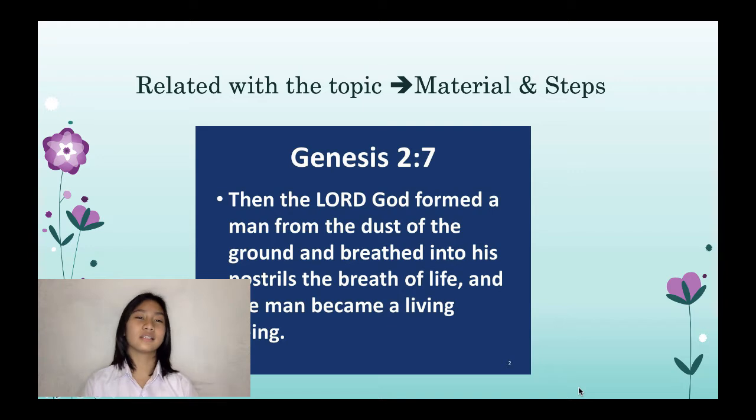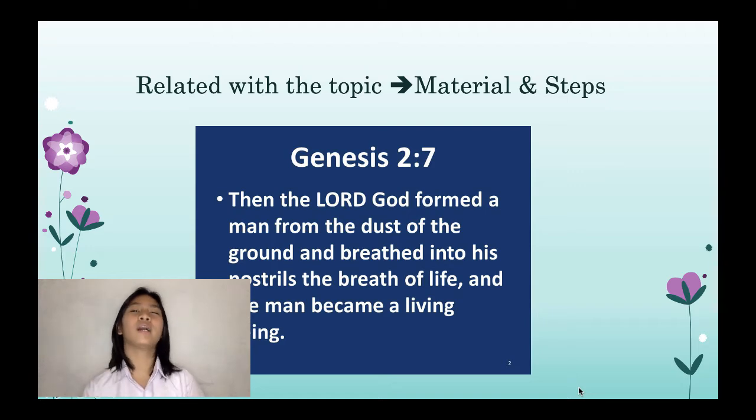The next is related with the topic materials and steps. It is taken from Genesis 2 verse 7 that said, "Then the Lord God formed a man from the dust of the ground and breathed into his nostrils the breath of life, and the man became a living being."